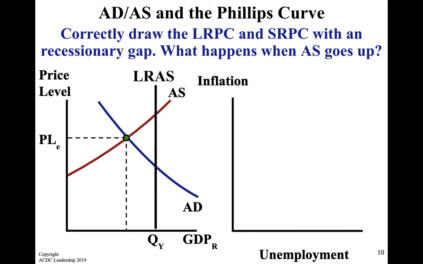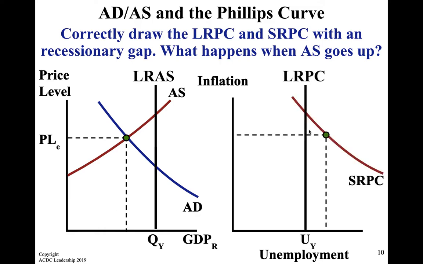Again, we have our supply and demand graph. We want you to correctly draw your long run and short run Phillips curve with a recessionary gap, and show what happens when aggregate supply increases. Make sure you put your long run aggregate supply in the correct spot. We're in a recession. This time aggregate supply is increasing, so it's going to shift to the right.